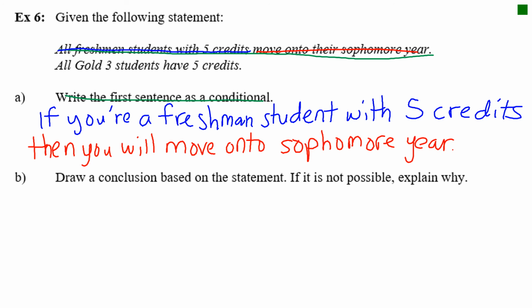All right. Now the next part, B, says draw a conclusion based on the statement. If not possible, explain why. So the second sentence we still haven't talked about: all Gold 3 students have 5 credits. The first part, A, just said that if you are a freshman student with 5 credits, what's going to happen is you move on to sophomore year. Now I'm telling you specifically that all the students in Gold 3 do have 5 credits, which means they're going to move on to sophomore year.